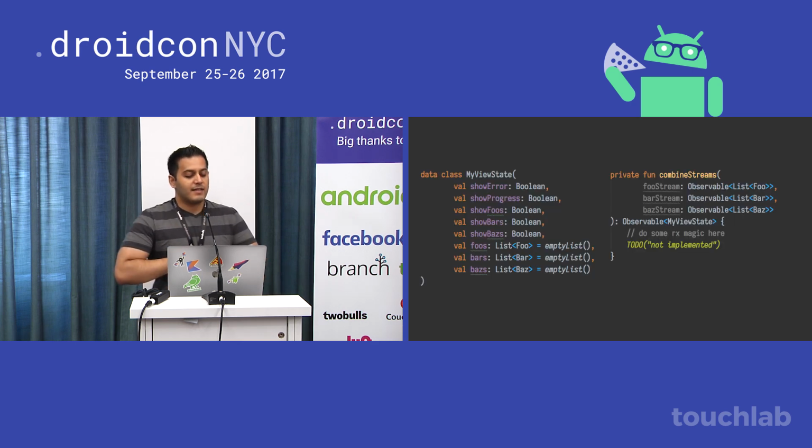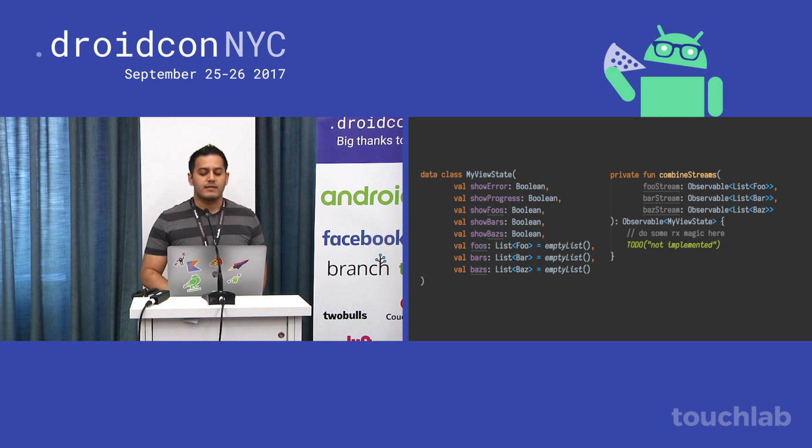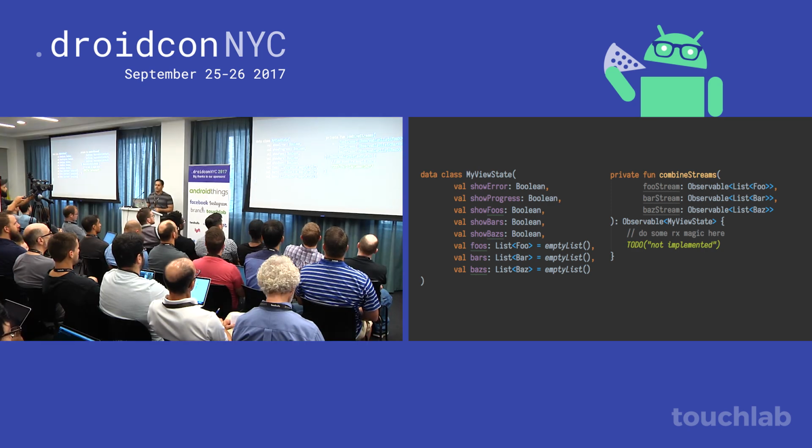One way to fix this is to have a view state class. A view state is just a simple data class or value type that has properties on it, and your view just reads from this type and renders that to the screen. That's what's shown here on the left. On the right is how you actually get one of these things. You have a function that takes in your different sources of data, does some stuff, whatever that is, we'll talk about that later, but it does some voodoo magic and eventually comes up with one of these view states.